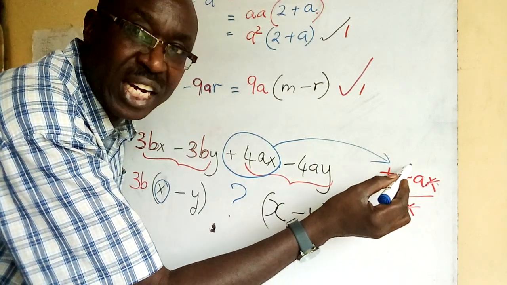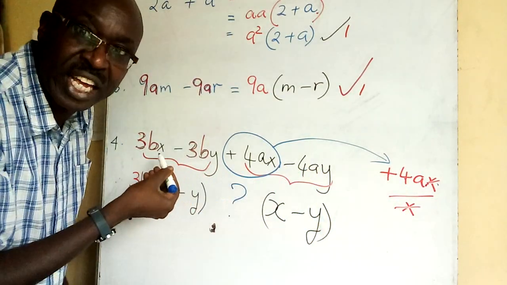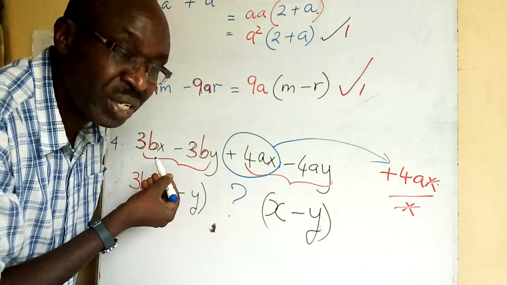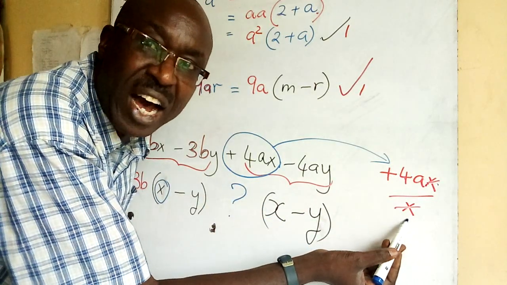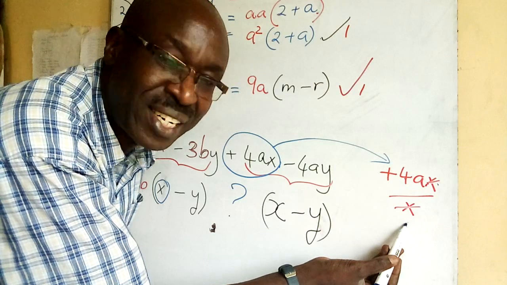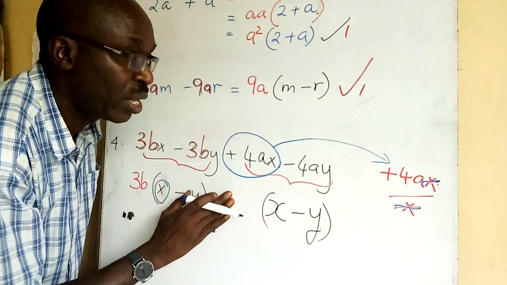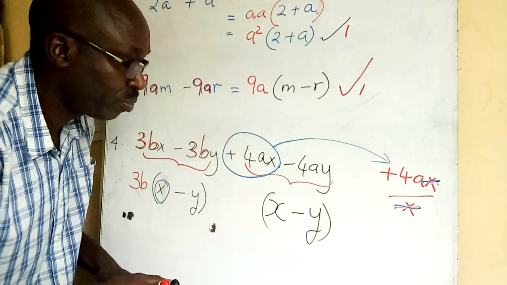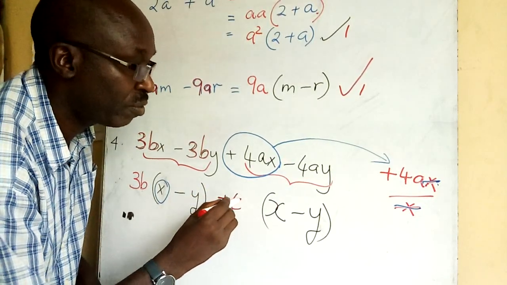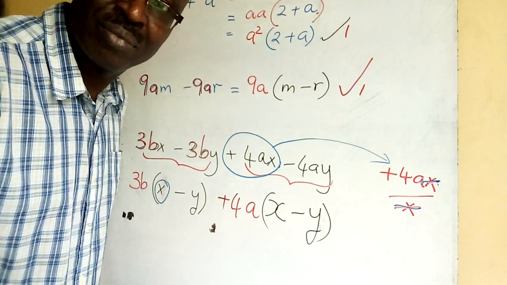So, this is the third term of the given expression divided by the first term of your bracket. So x cancel x, you remain with plus 4a. Shortcut.